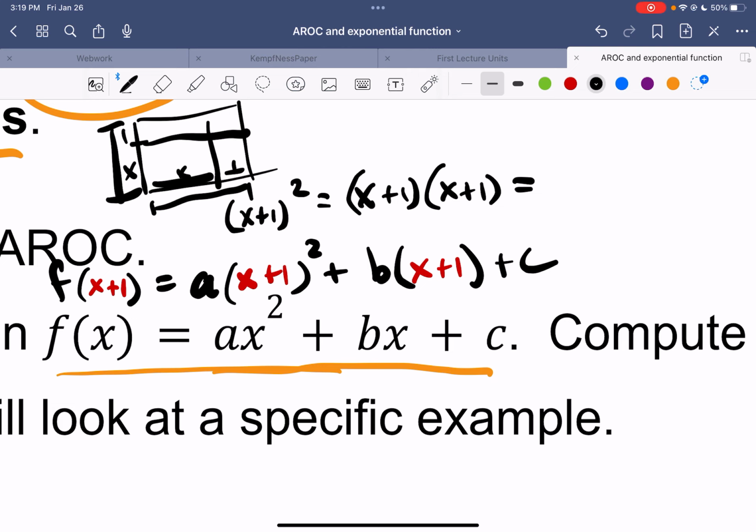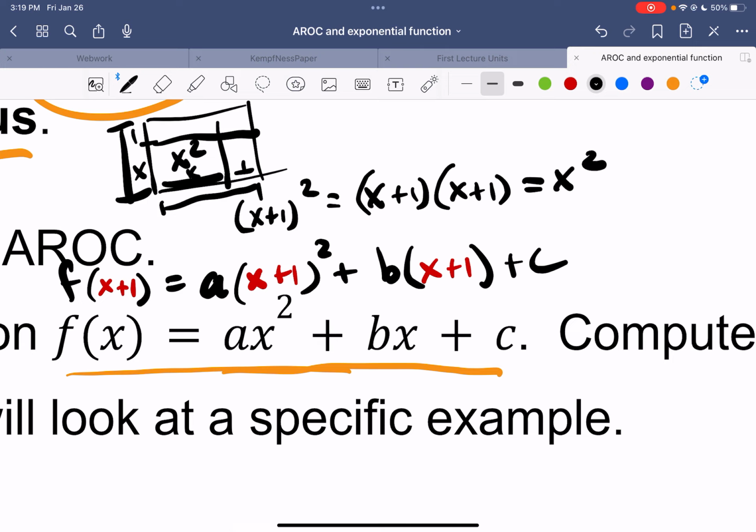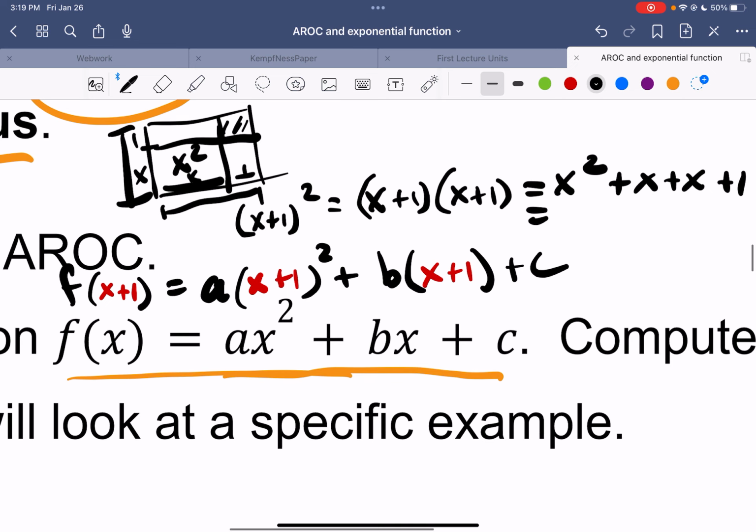And notice that the total area, you get an x squared. Here you get an x times a 1, so that's plus x. And here you get an x times a 1, so that's plus another x. And here, this is a little 1 by 1 square, so that's plus a 1. So in other words, you get x squared plus 2x plus 1.